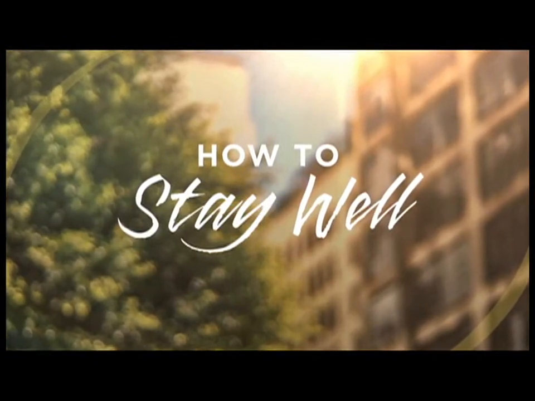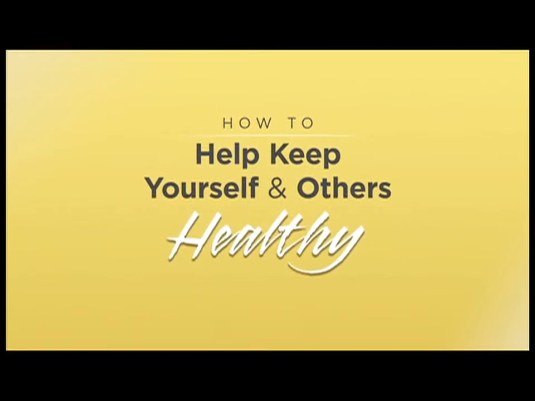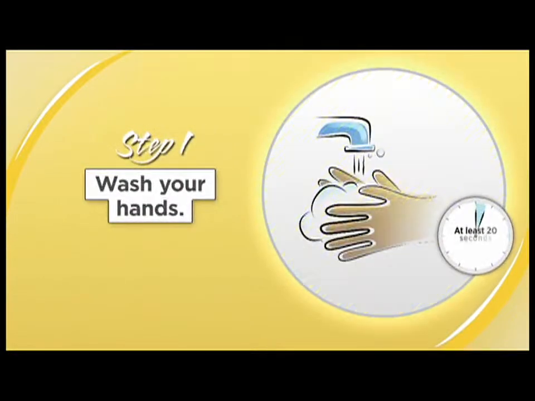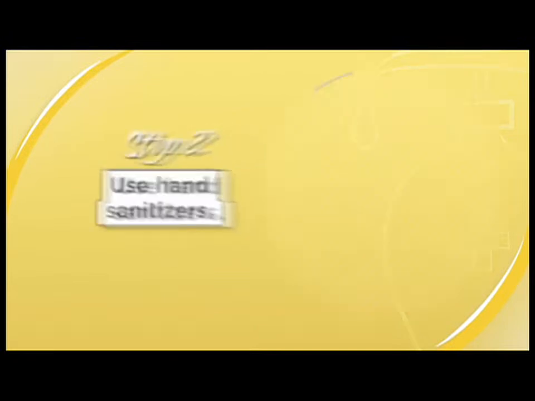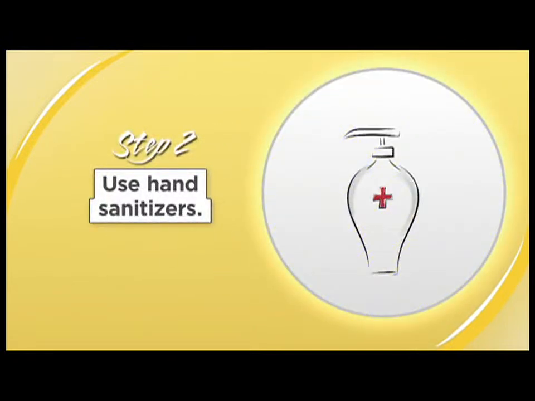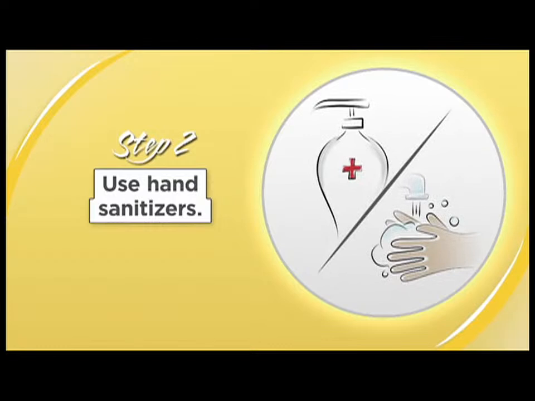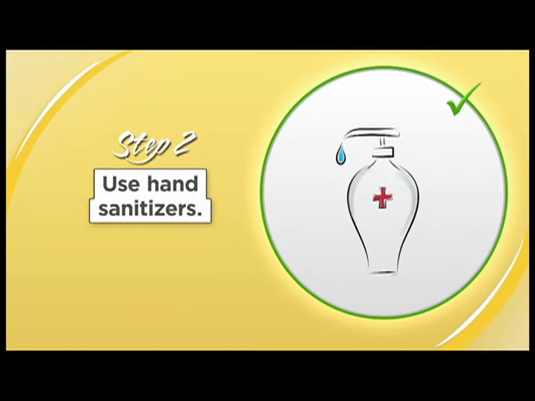Prevention is important. Help prevent the spread of illness and keep yourself and others well. Hand washing is one of the most effective ways of preventing the spread of germs. Wash your hands regularly with soap and hot water, scrubbing your hands thoroughly for at least 20 seconds. Hand sanitizers can be used but are not recommended as a substitute for hand washing. Use sanitizers in addition to hand washing or in a situation where soap and water are not available.